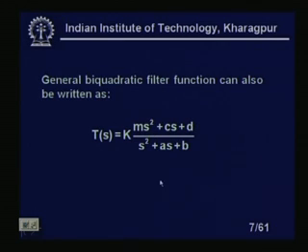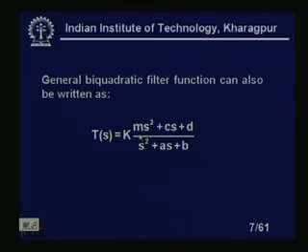Please note that this filter function has complex conjugate poles, and complex conjugate zeros if the zeros are there. The denominator defines the poles, so these are always complex conjugate poles. Now, K is a gain constant. All of these m, c, d, a, b will be realized by some resistors and capacitors, is it not?